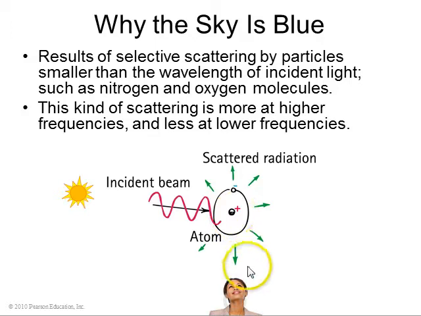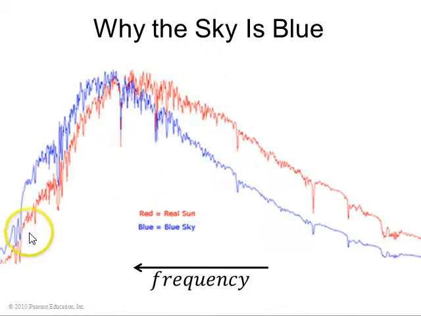So this scattered light that comes into your eyes has sort of a changed color. And if you look again at that solar spectrum, the red line is the real solar spectrum, which we would call white if we were looking right at the sun. And this blue line is what tends to get scattered by our air.